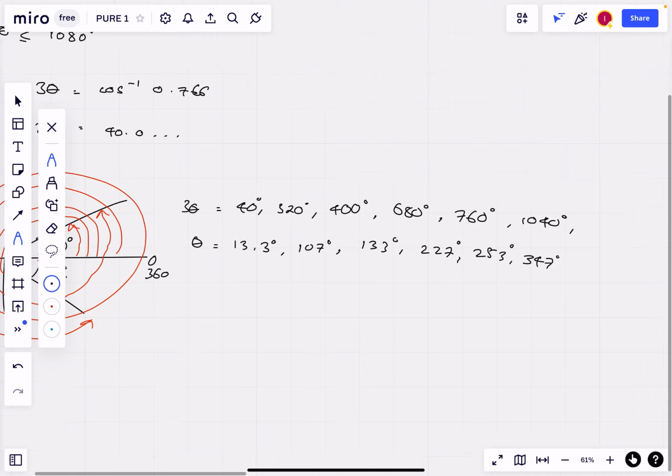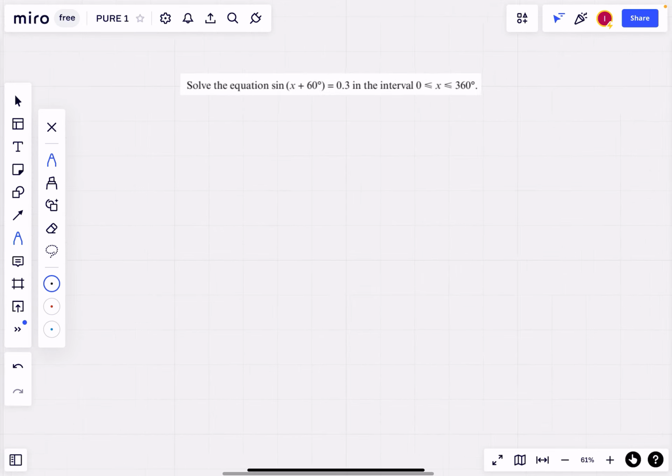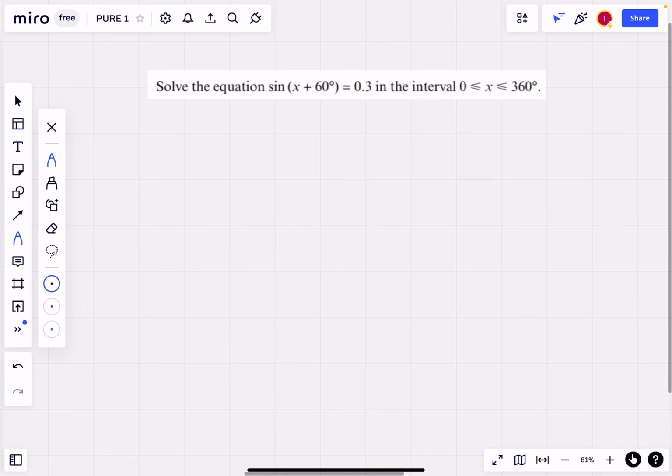Okay, let's try another one. This one. Step 1, change the interval. We don't have x on its own, we have x plus 60. So x plus 60: 0 plus 60 is 60 degrees, 360 plus 60 is 420 degrees.